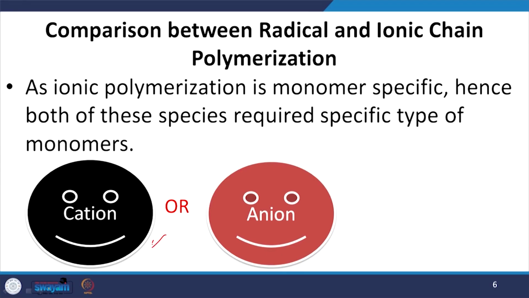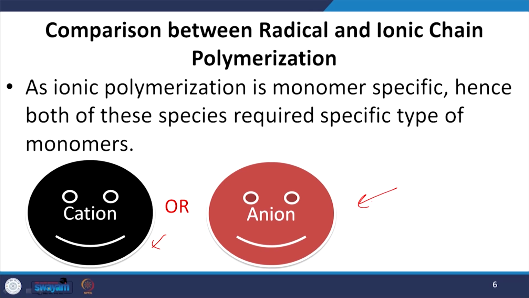Now, as ionic polymerization is specific, both of these species require a specific type of monomer, maybe cation or maybe anion. That is a very important thing which needs to be expressed, because they are very much monomer specific.